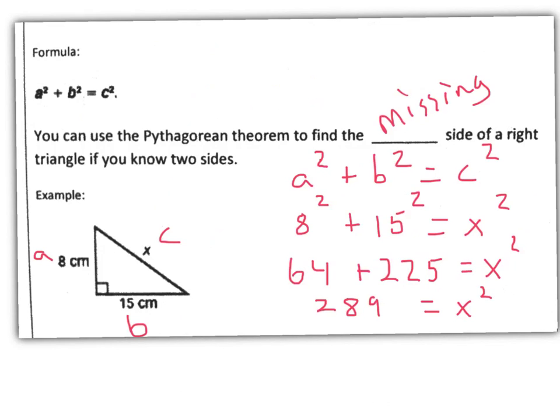And we have to do the opposite of squaring, which is taking the square root. So we have to take the square root of both sides. And the square root of 289 is 17. So we're going to have x equals 17 centimeters.